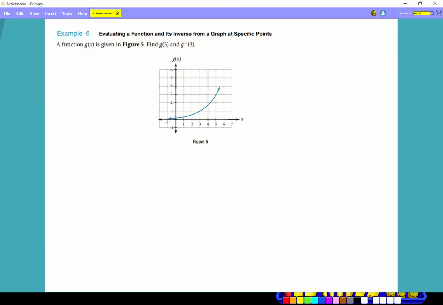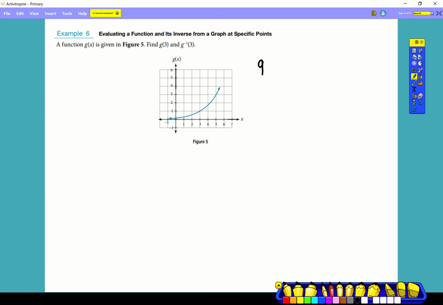So let's look at an example. So this function g of x, we need to find g of 3 and we need to find g inverse of 3.